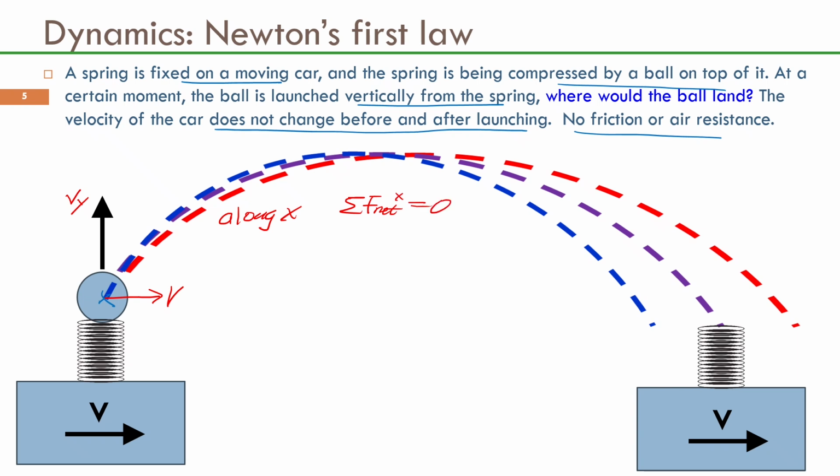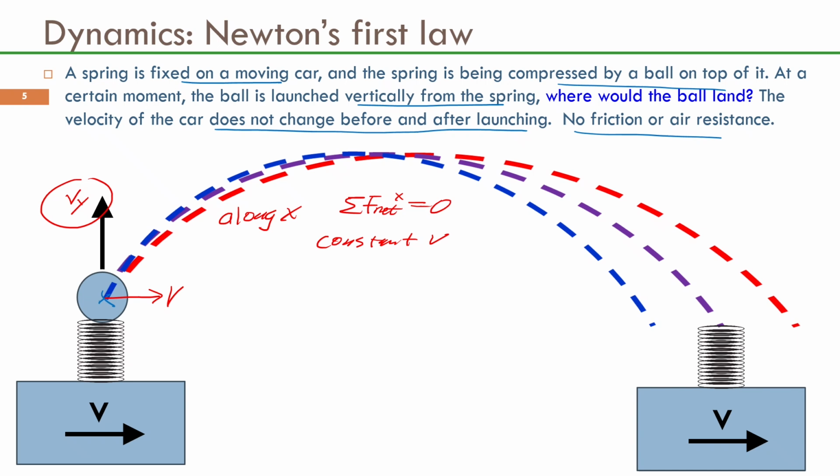So the motion along the x direction should not change. That means before and after launch, the ball along the x direction should move with constant velocity v. And vertically, because during launching the ball has a vertical velocity, the ball is going to have a trajectory of projectile motion.